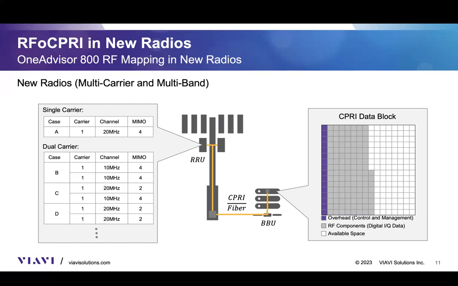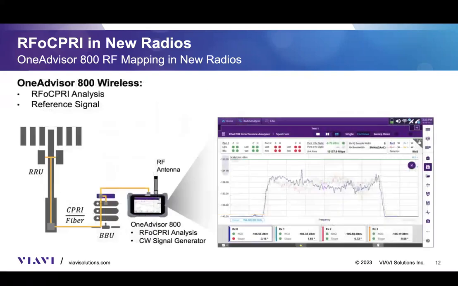Similarly with PIM detection, let's make the assumption that we have case B. We have two 10 megahertz signals, with 4 branches for each one of them. We're analyzing, and we say, yes, we see PIM in one of the carriers, but the information of which carrier it is is not available. So the way in which we're solving this challenge is by having a frequency reference available.